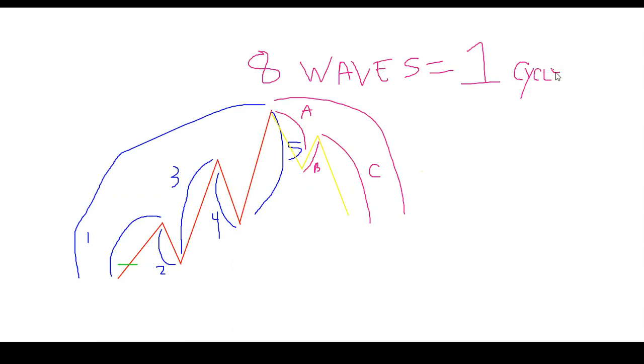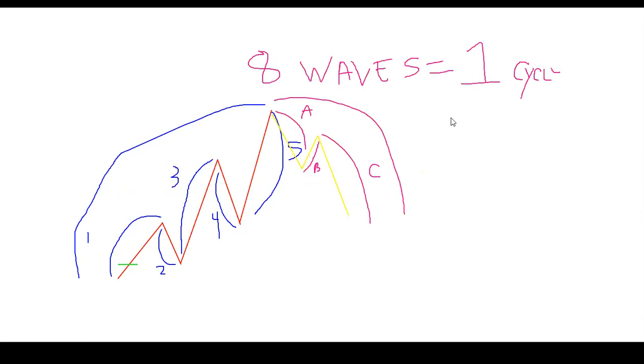Sorry about my writing, but you get it. So from wave 1 to wave C, you've got 1, 2, 3, 4, 5, 6, 7, 8. That's 8 waves equals 1 complete cycle.